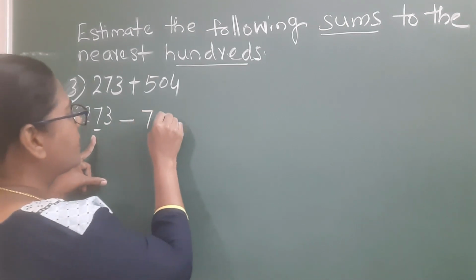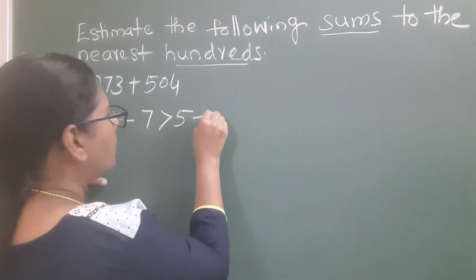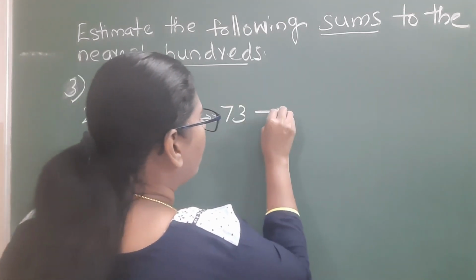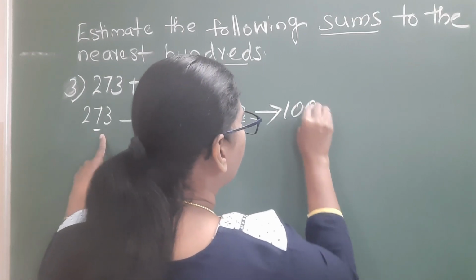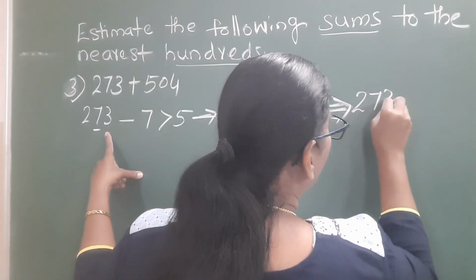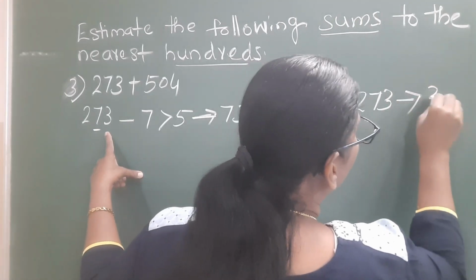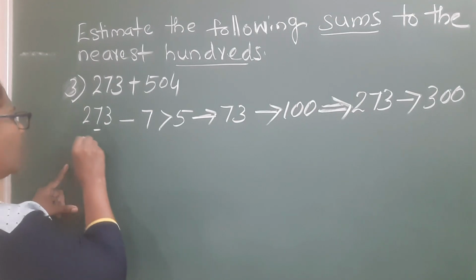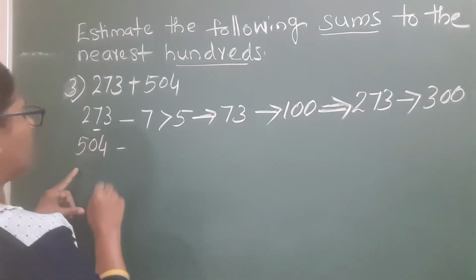So 7 is greater than 5. So 73 rounds off to 100. So 273 rounds off to 300. Next one is 504.